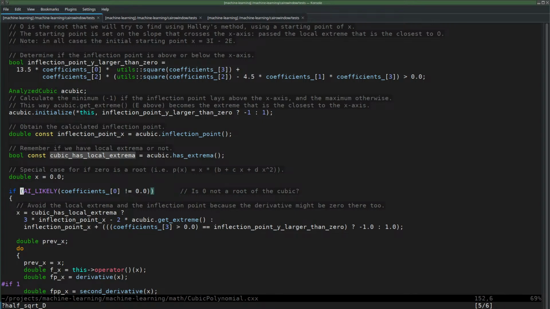And I already told it that this is unequal 0, so we enter here, and this is true, so we're going to do that.